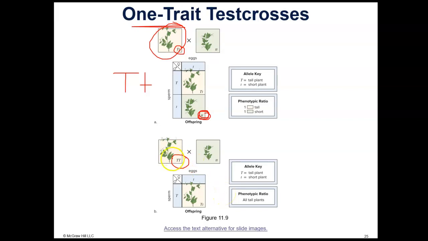You can have this parent that's heterozygous crossed with a recessive short plant and all of their offspring be tall just by chance. Just because these are the possible combinations of alleles doesn't mean that's exactly what's going to happen. But with garden peas, since they're producing 1,000 offspring at a time, you can be pretty sure if none of the offspring are short, that the original parent is true breeding for that tall trait.